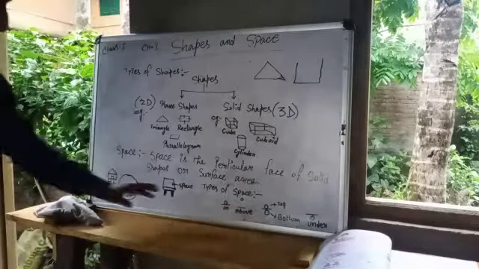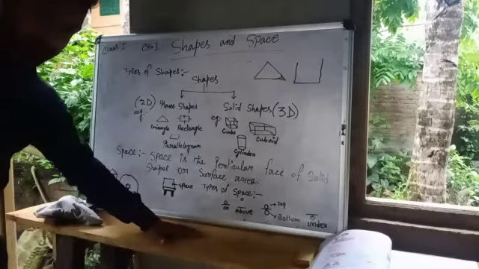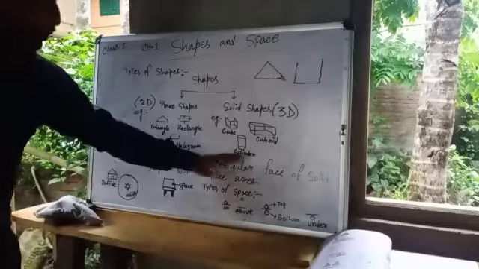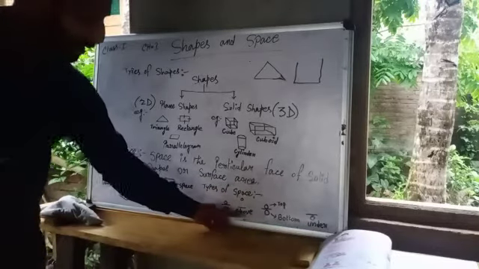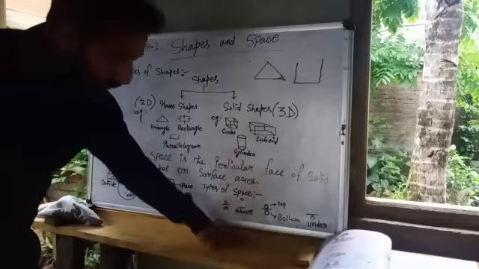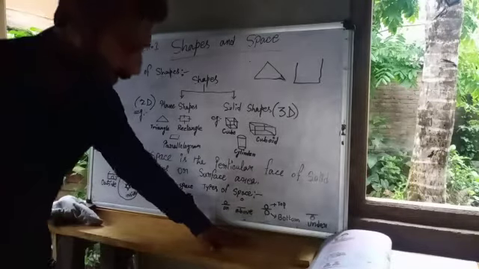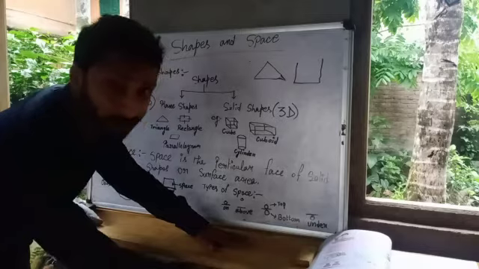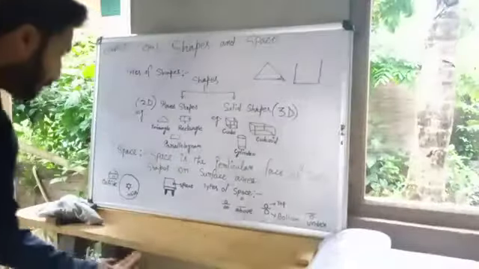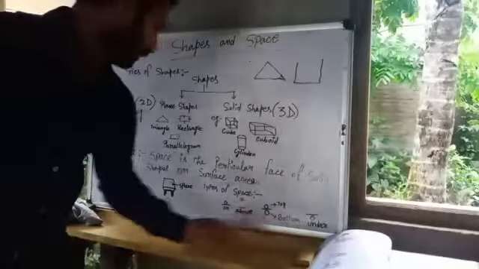If something is just up on the table, that is called on. If it is too high, that is called above. Top and bottom: top is the upper portion of the surface area, and bottom is the lower portion of the area or space. Under.